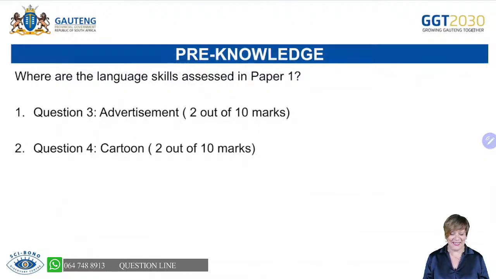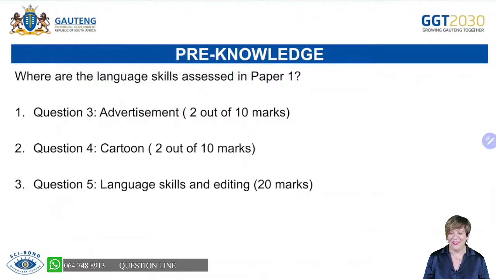And then obviously your Question 5, which will be 20 marks, focusing solely on language. So that gives you 24 marks out of the 80 marks, all just for language. So if you can master your language rules, I'm sure you're going to do pretty well in Paper 1.